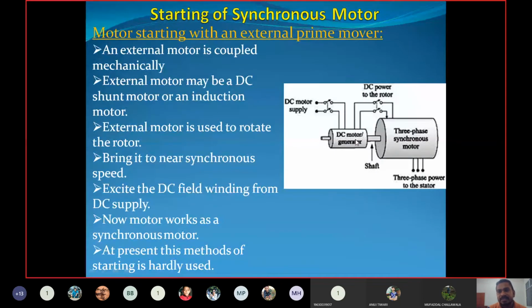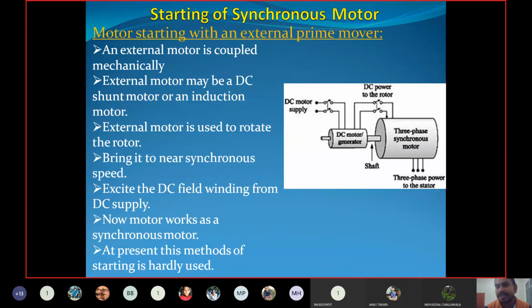As the DC motor runs at nearly synchronous speed, the rotor of the synchronous motor also rotates at nearly synchronous speed. As the three-phase supply is already given to the synchronous motor, the rotating magnetic field is already produced. In this rotating magnetic field, the rotor also rotates nearly at synchronous speed.